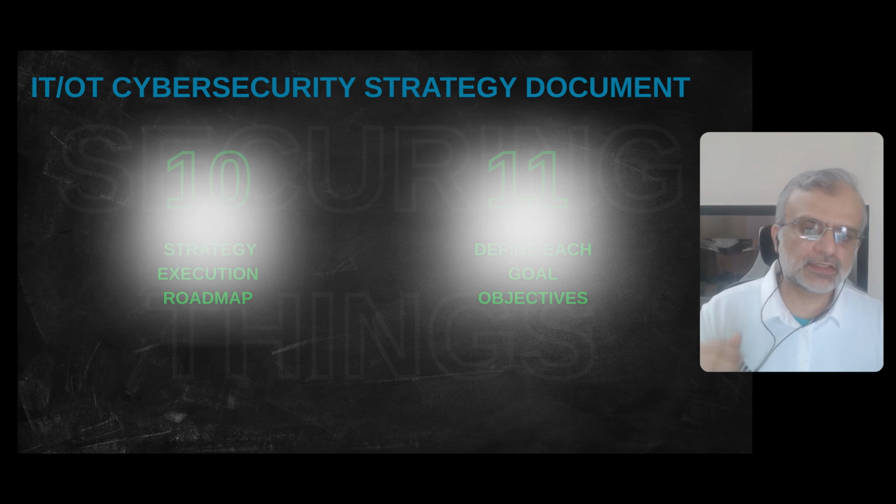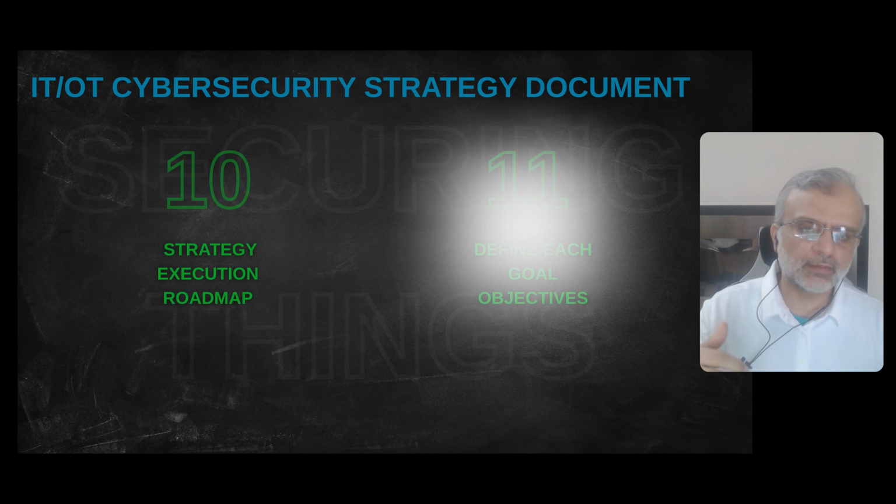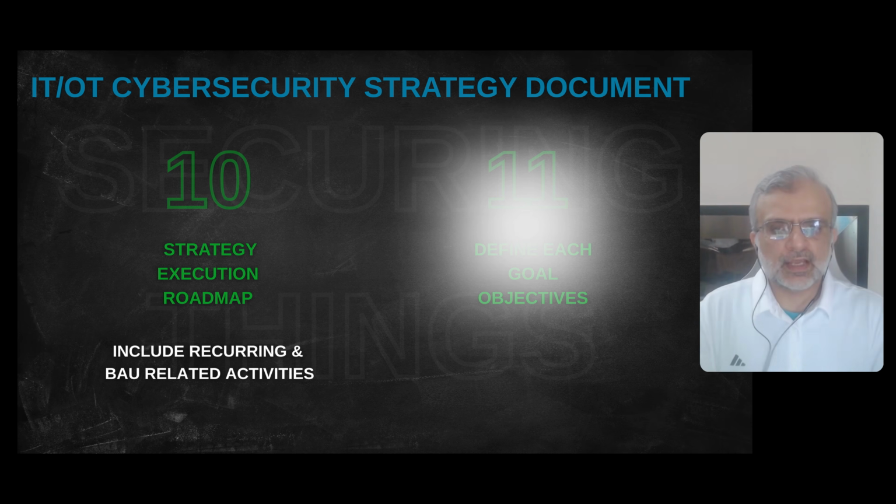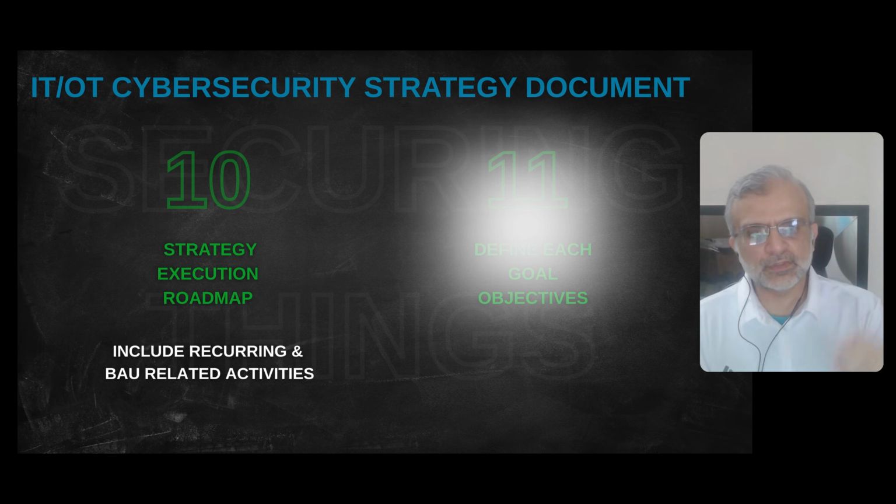Then you will have a section called strategy execution roadmap, which would also include recurring and BAU related activities. So it's kind of like a big roadmap schedule, and things that will be business as usual later on after you have executed the strategy.